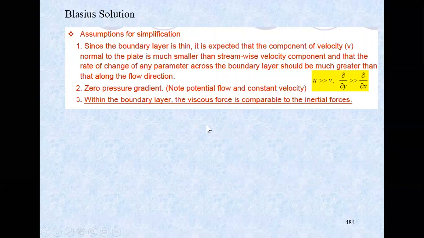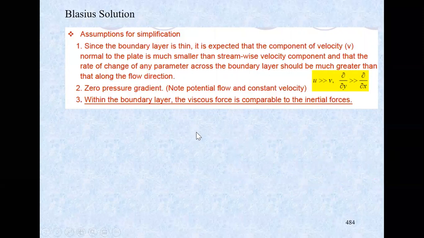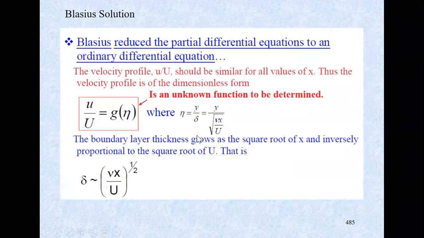Okay, it's also zero pressure gradient as we noted before, and within the boundary layer, the viscous force is comparable to the inertial force, meaning we're going to account for the viscous force. So Blasius starts by introducing this velocity profile: u over the free stream velocity is a function of what we call eta.